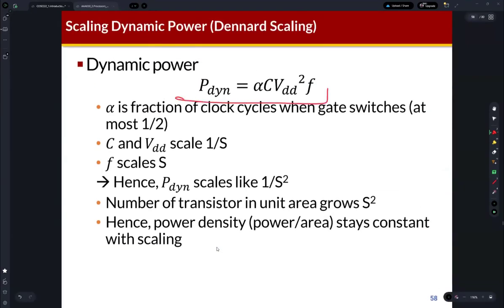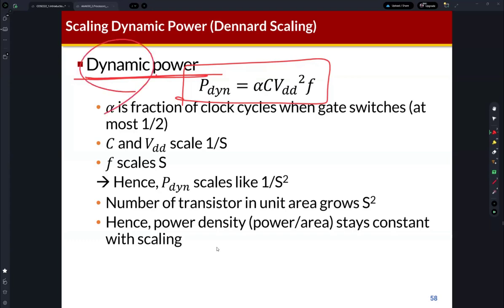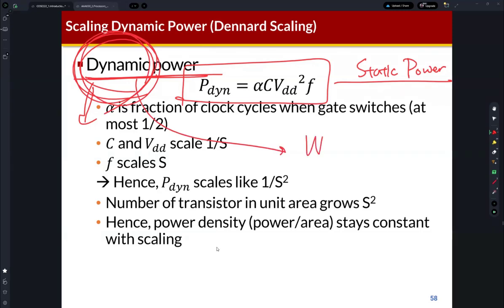This is the more detailed, more exact dynamic power equation. I mentioned this is the dynamic power. In a CPU, there are two kinds of power consumption. The first one is dynamic power, and the second one, what is the opposite word of dynamic? Static, right? Dynamic power represents when the voltage level is changed.